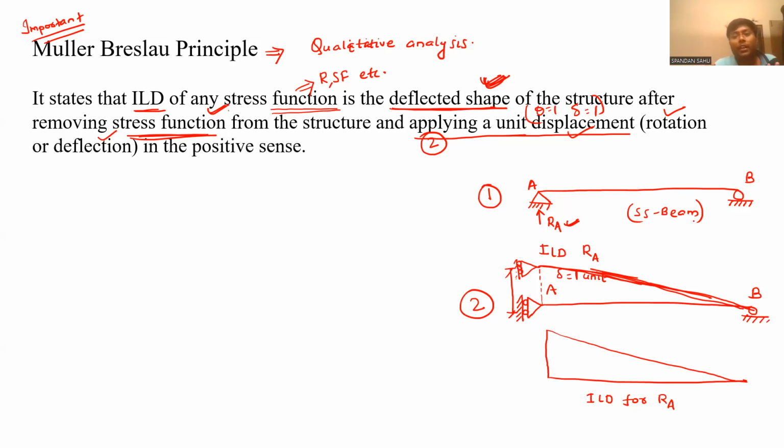So this is the complete statement given by the Muller-Breslau principle after doing so many experiments. And this is related to Betti's law, or you can call it the Maxwell reciprocal theorem.